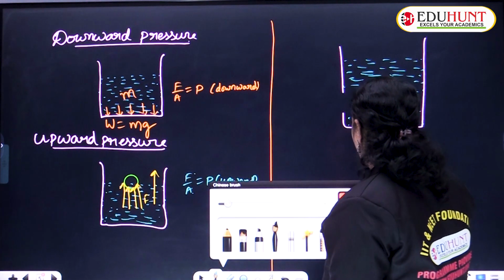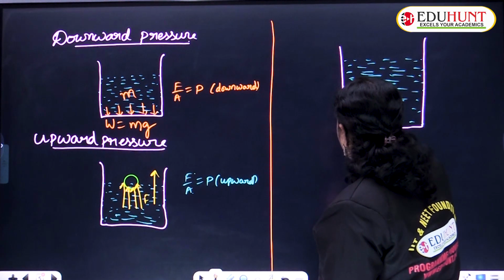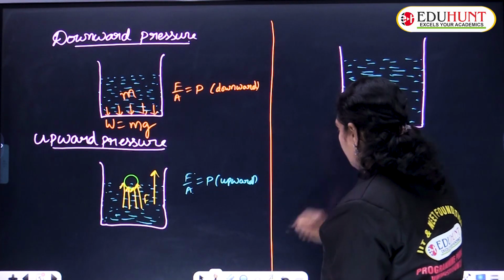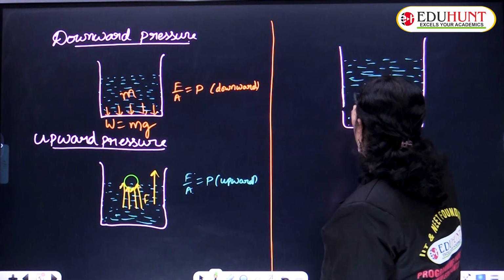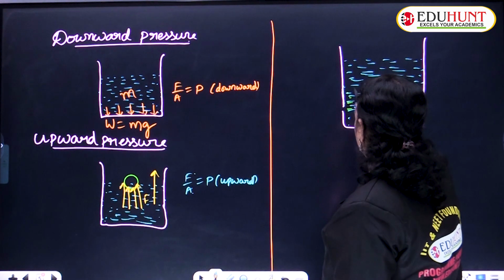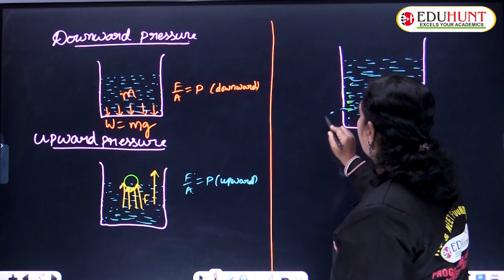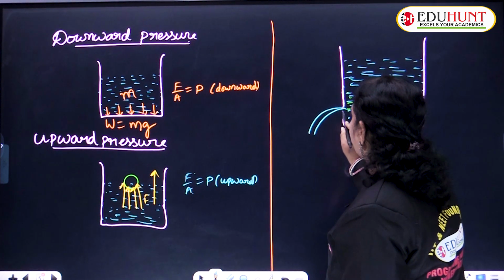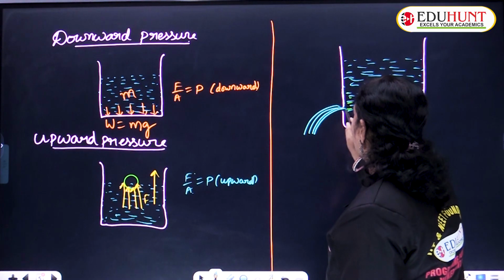When a small hole is made in the beaker, then what happens, children? What do you observe? The water immediately starts coming out from this narrow hole.